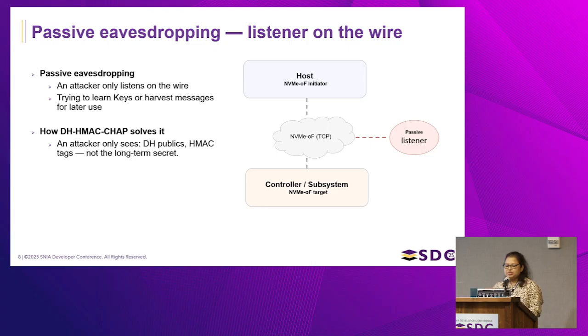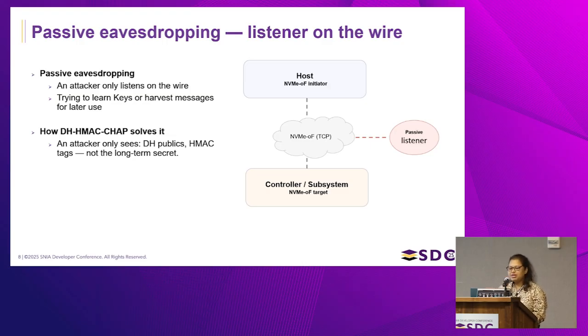Seeing the DH public values doesn't actually help, because you would still need the private exponents to compute the shared result. Seeing the HMAC tags which are transmitted on the wire also doesn't help, because HMACs are one way. Without the actual key, you can't make a valid tag or a new challenge or a new session.